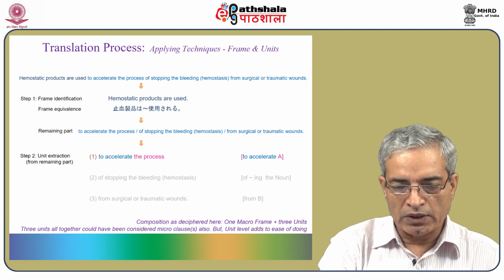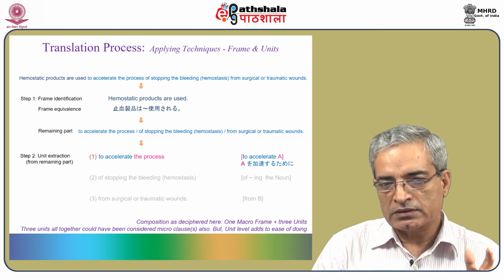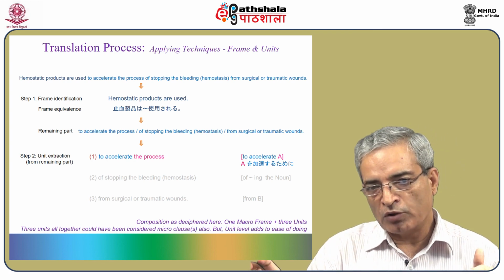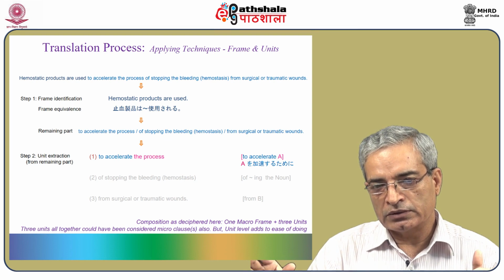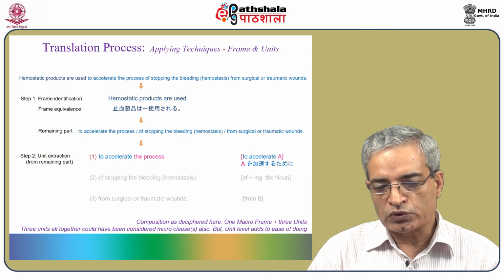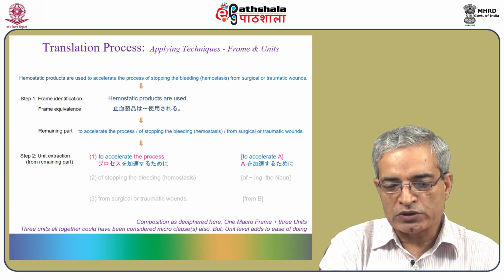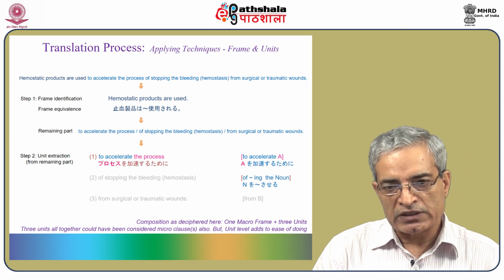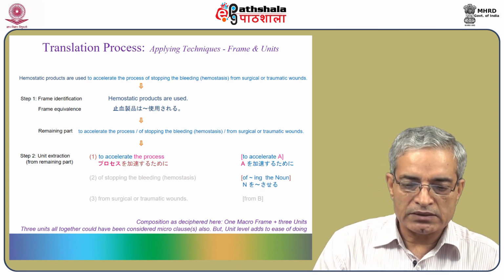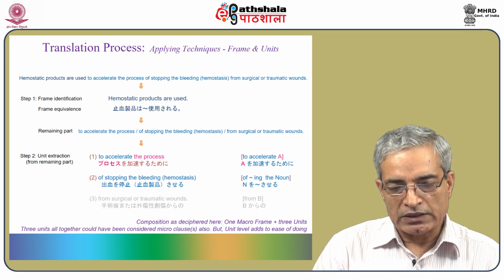And let's go to the other part. First is to accelerate A. This is the frame component, where we don't have the complete unit. It's A o kasokusuru tameni. The replaceable or substitutable element was dropped, and if we now put it back, it's process o kasokusuru tameni. Similarly, N o something saseru, and in this case shuketsu o teishi saseru.